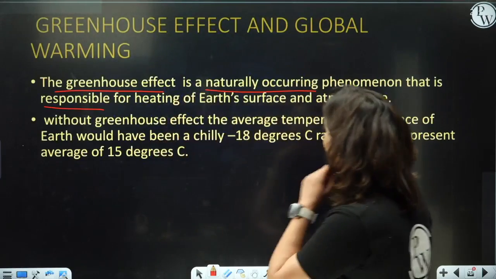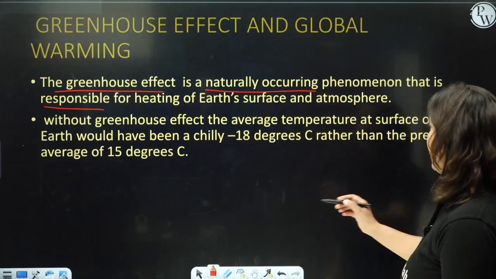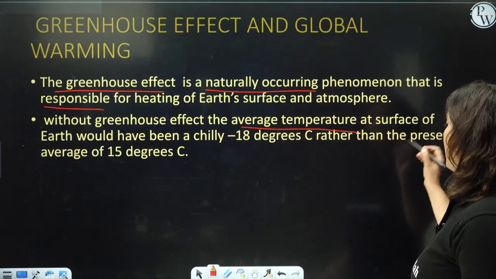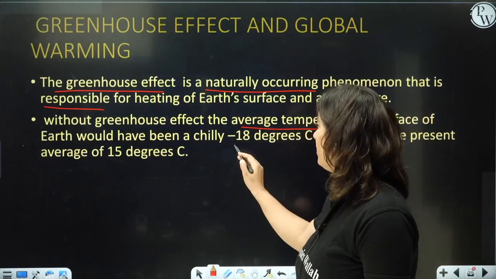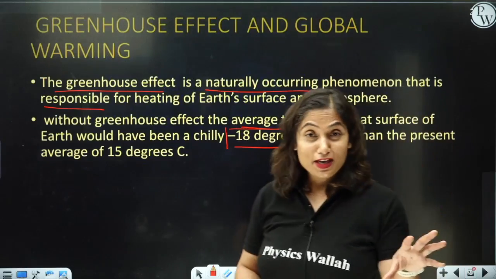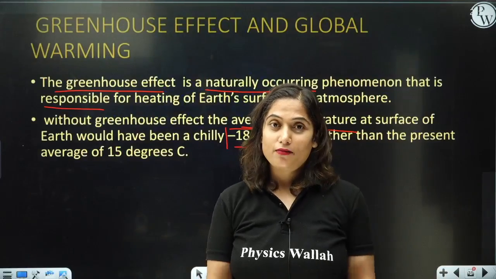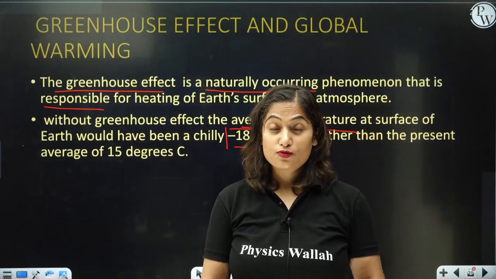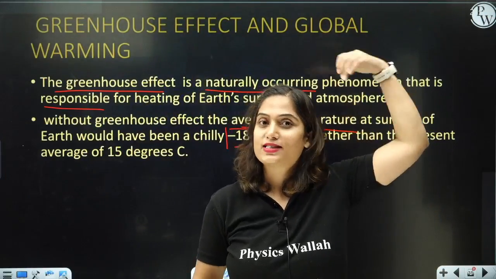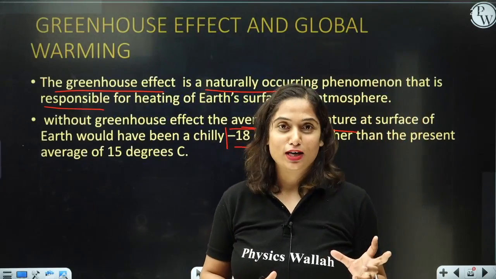Without the greenhouse effect, the average temperature at the surface of Earth would have been minus 18 degrees centigrade. The greenhouse effect is because of the atmosphere we have around the Earth; that atmosphere does not allow the sunlight to escape, and because of that, a heating effect is generated on the Earth.